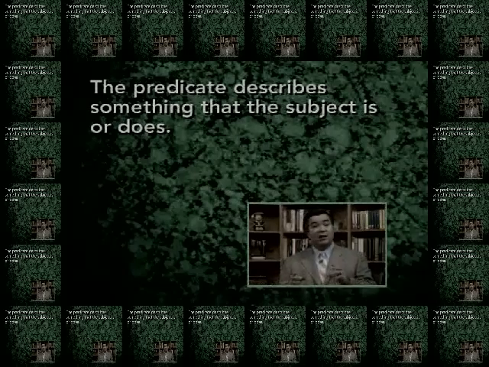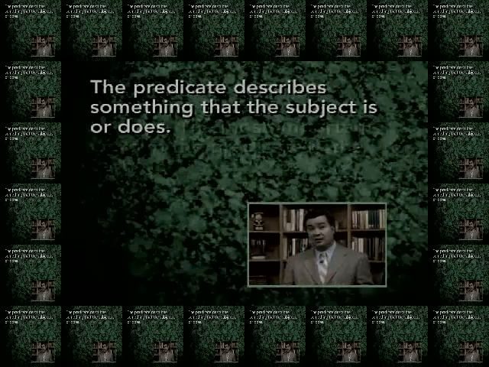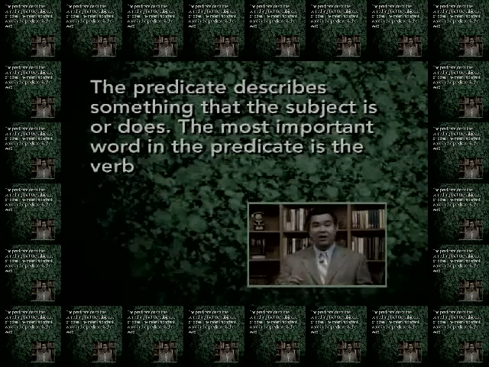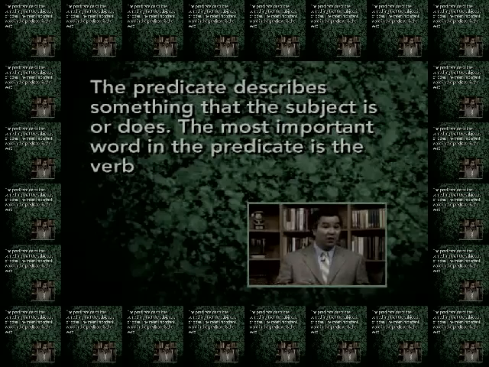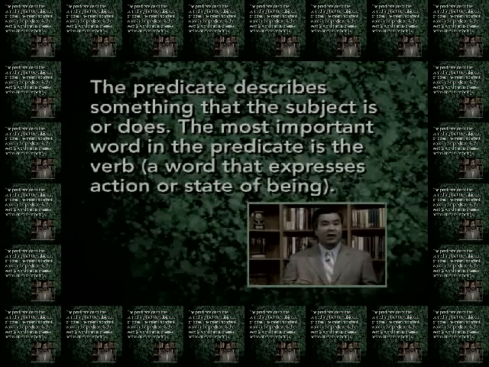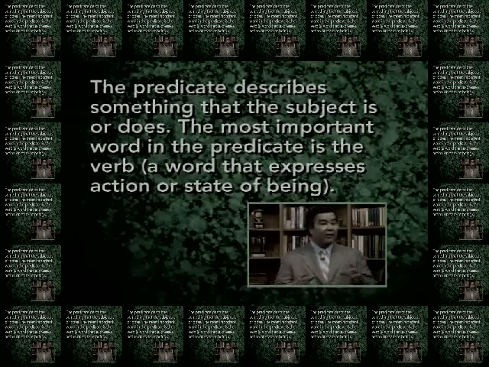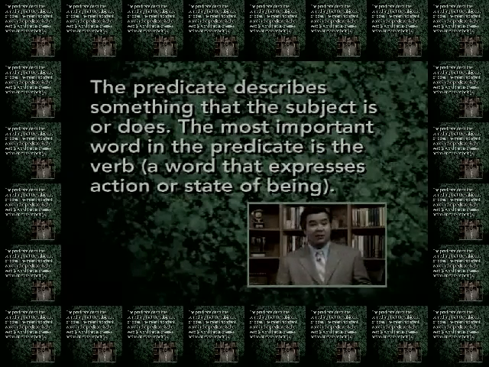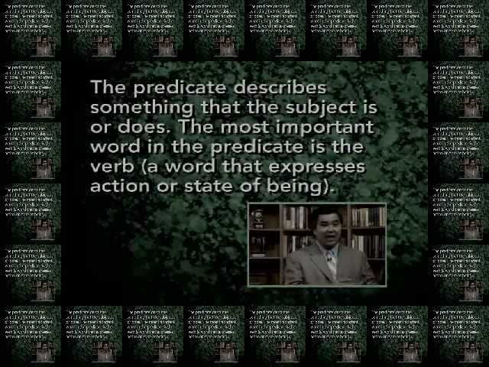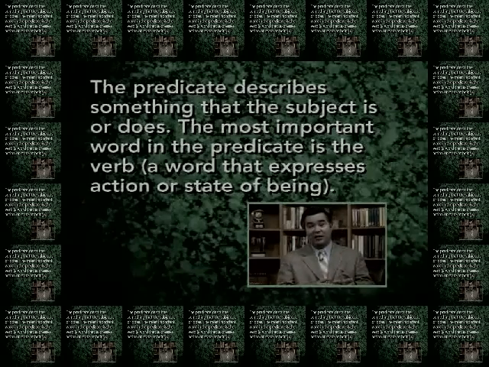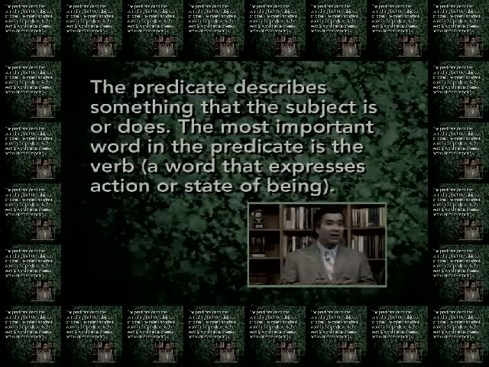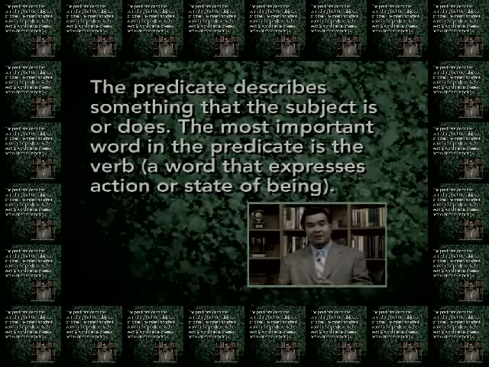The predicate describes something that the subject is or does. The most important word in the predicate is called the verb. A verb is a word that expresses action or state of being. So we now have two main parts to the sentence. We have the subject, which names what the sentence is talking about, and the predicate, which tells what the subject is or does.